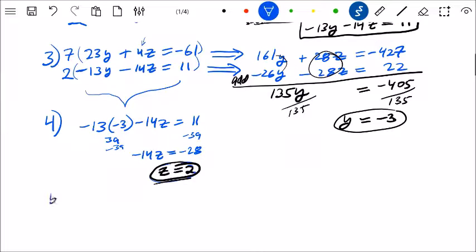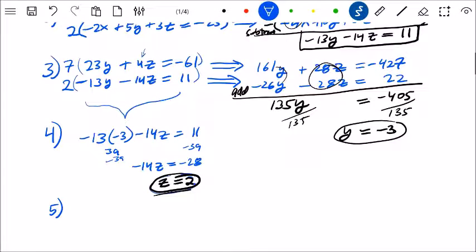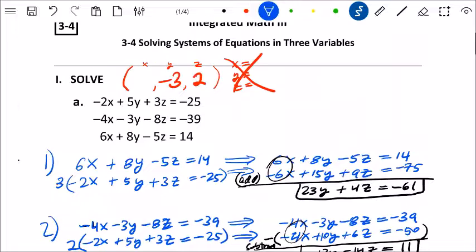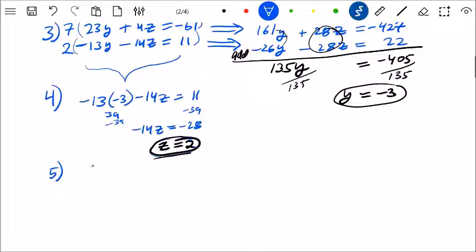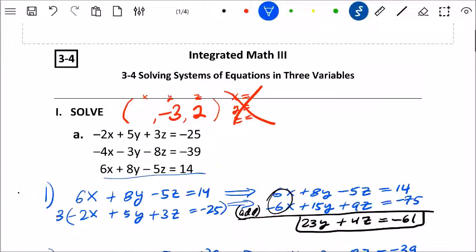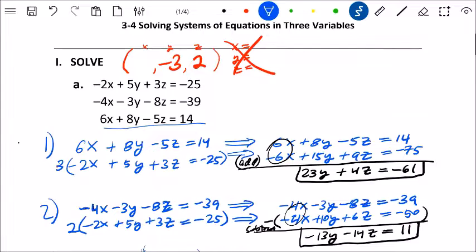And now for the fifth step, we will basically do that again with one of these originals. It can be any one of them. I think I'm going to choose the bottom one, just because I could have chosen any one of them. I have 6x plus 8y minus 5z is equal to 14. Let me confirm that. 8y minus 5z equals 14.